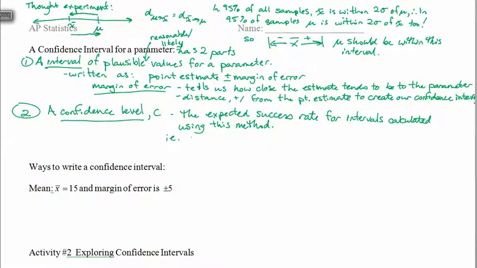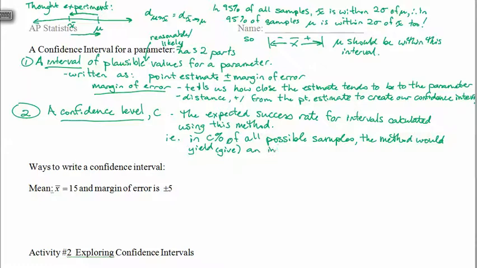In other words, in C% of all possible samples, the method would yield, or give, an interval that captures, in other words contains, the true parameter value.